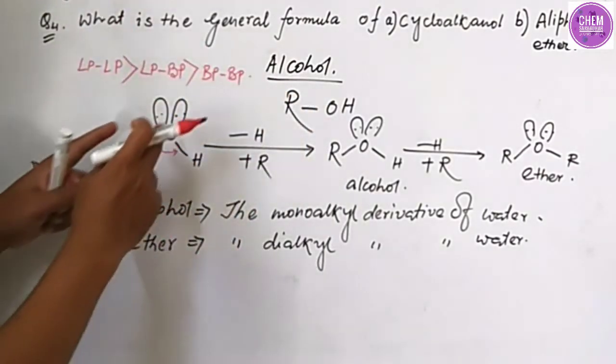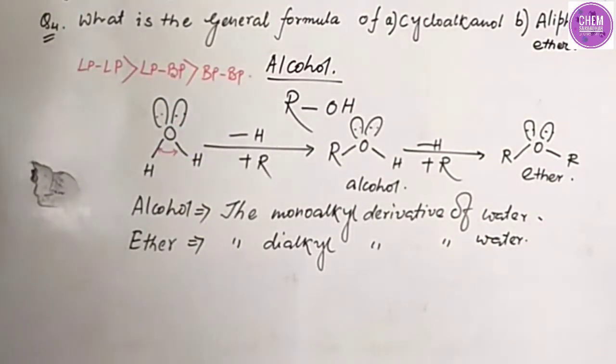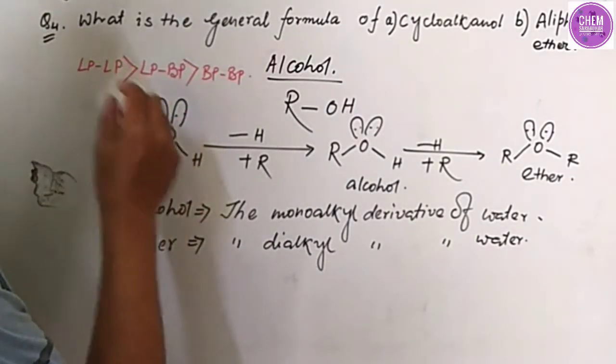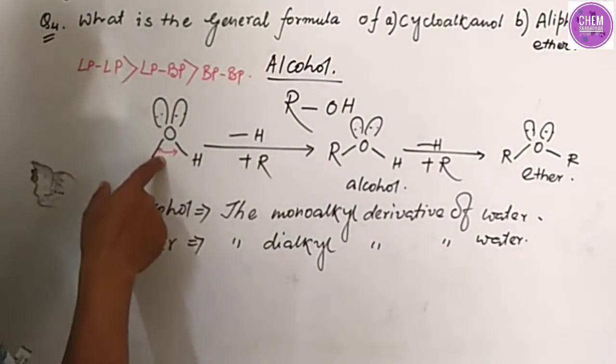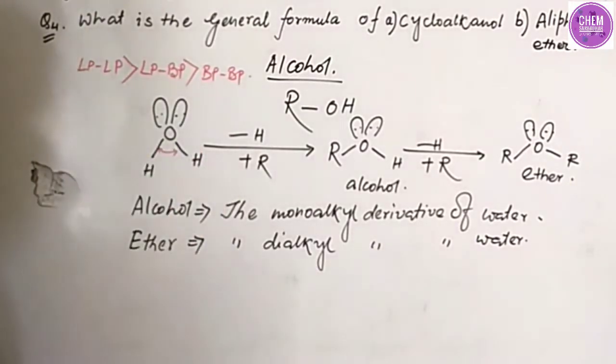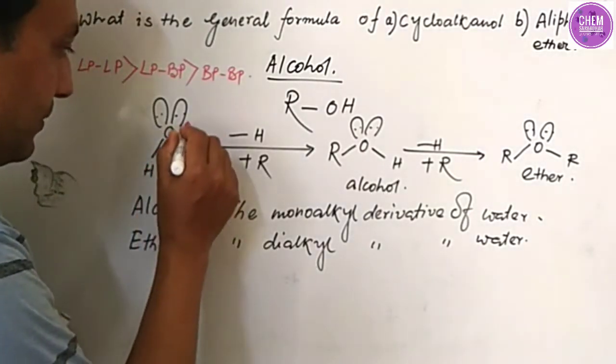So as the 2 lone pairs exert the repulsive force on the bond pairs, the bond angle will be reduced due to this type of repulsion.